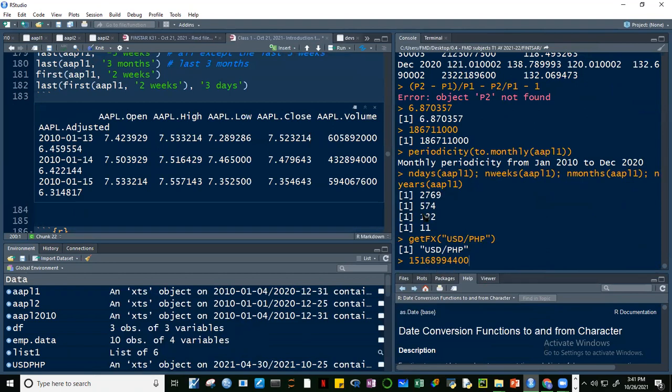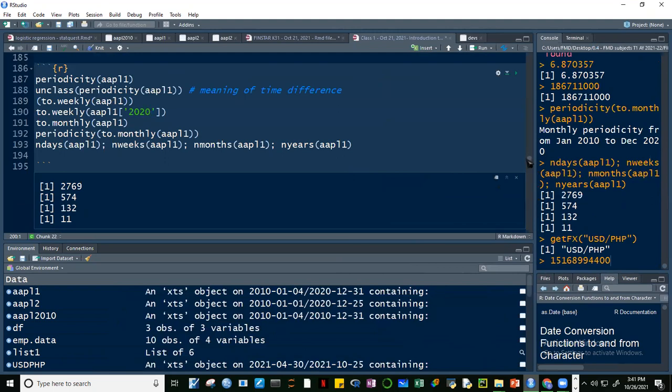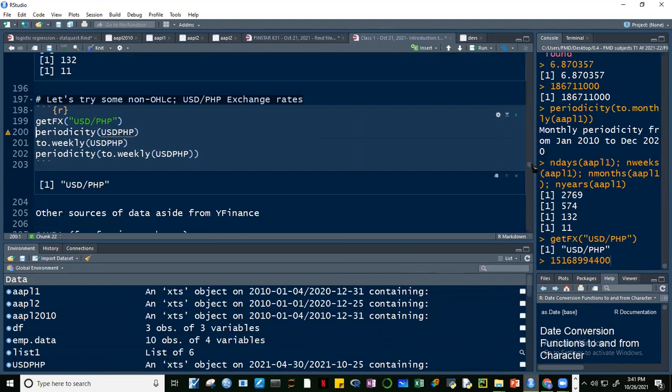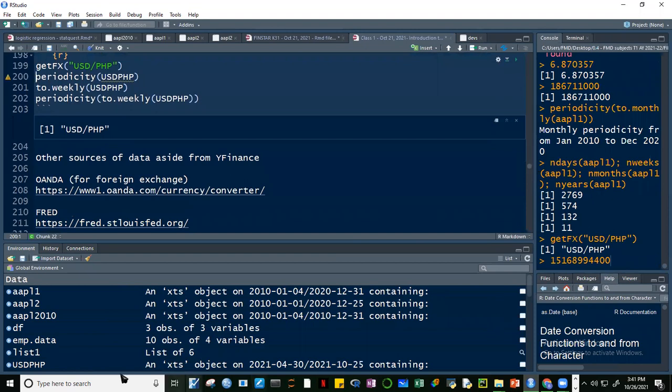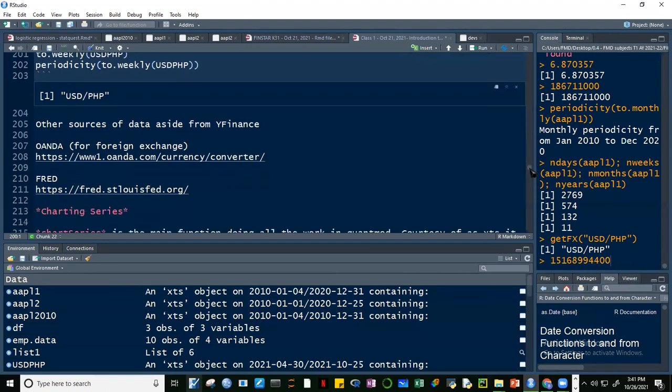US dollar, okay. So USD PHP, guys. It's an XTS object. Wait, did we name that? Okay, wait, let me check first.